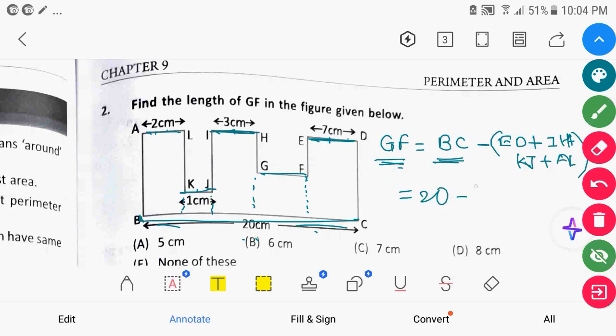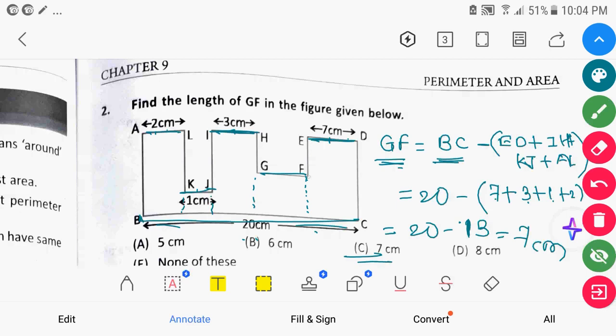Now BC is 20 centimeters minus (7 plus 3 plus 1 plus 2). How much? 10, 11, 13. 20 minus 13. So the length of GF is equal to 7 centimeters.